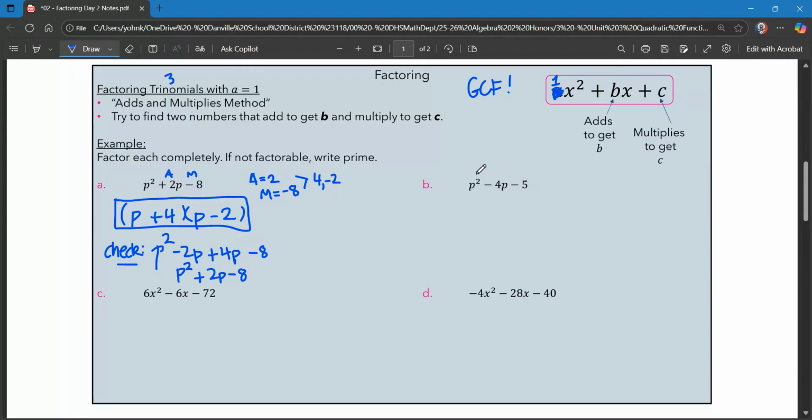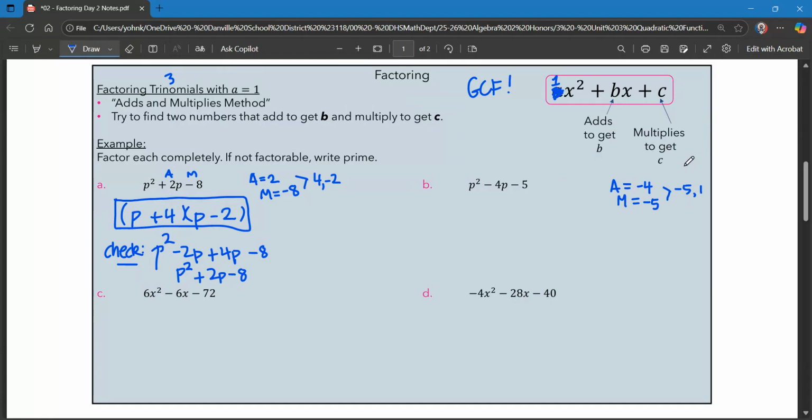All right, if we look at letter B, p squared minus 4p minus 5. Again, I need to think of two numbers that add to give me negative 4 and multiply to get me negative 5. So think about numbers that multiply to get 5. Well, it's only 1 and 5. But since they multiply to get a negative 5, that means the signs have to be different. The bigger number is negative, so negative 5 and 1.